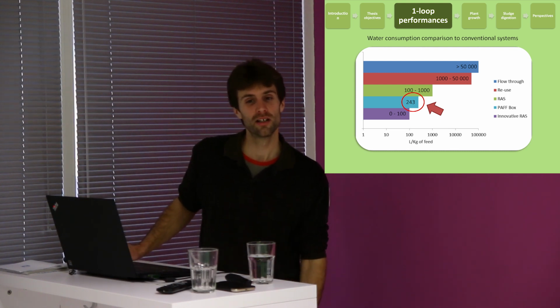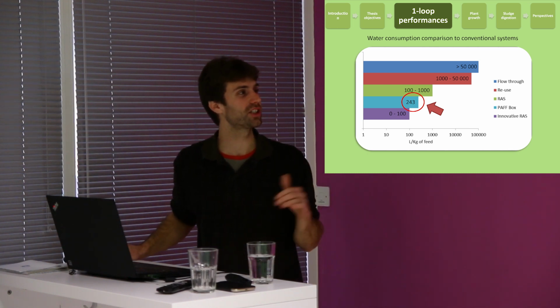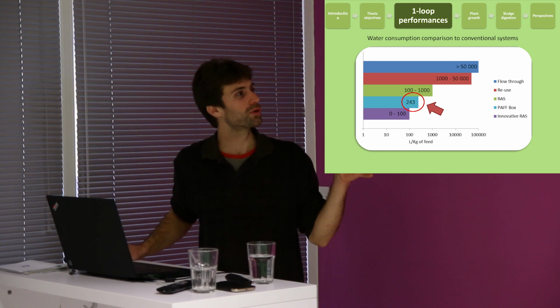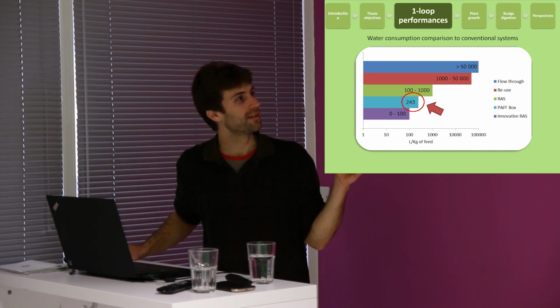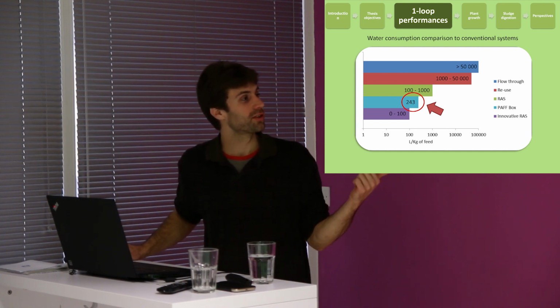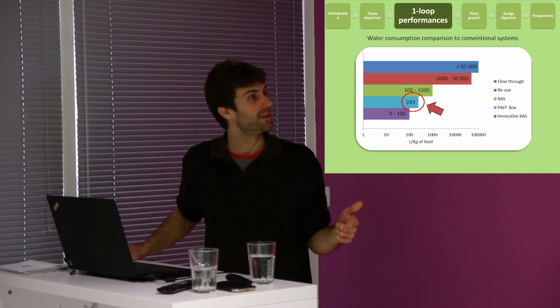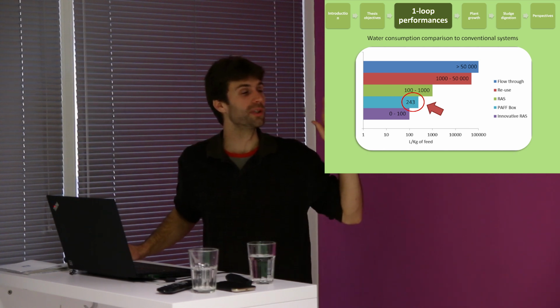And this is only for tilapia RAS systems here? No, it's a classification of aquaculture. You have flow-through systems, which use more than 50,000 liters per kilo of feed added. Then you have what they call reuse aquaculture systems at 1,000 to 50,000. What we call RAS, recirculating aquaculture systems, use 100 to 1,000 liters per kilo of feed added.